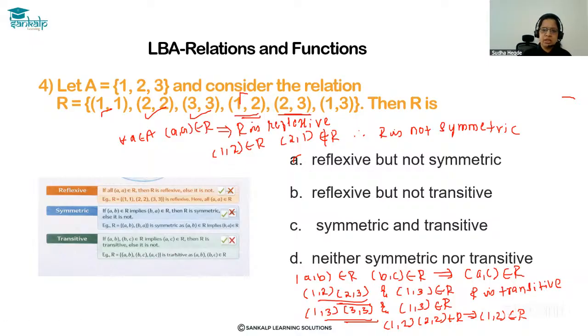Third option, symmetric and transitive, but R is not symmetric. Last option, neither symmetric nor transitive. It's not symmetric, but it is transitive, so this option is also not correct. So option A is the correct answer. Thank you.